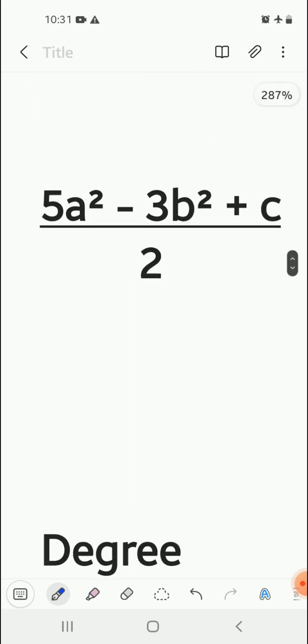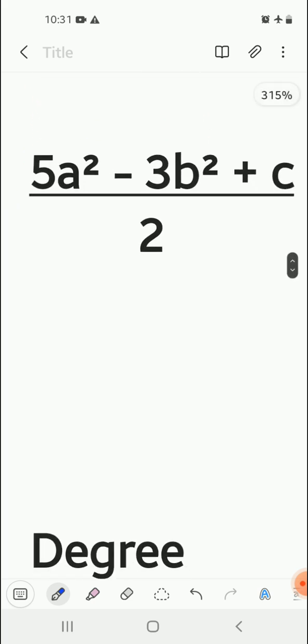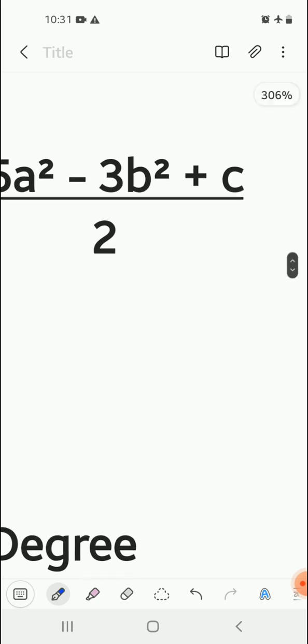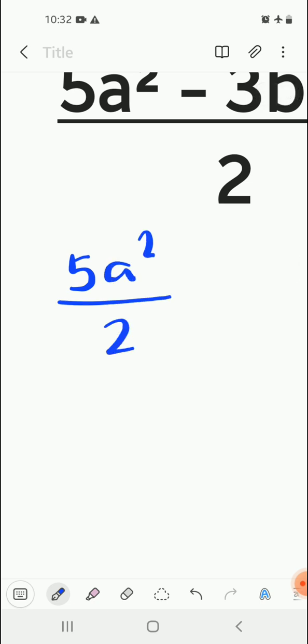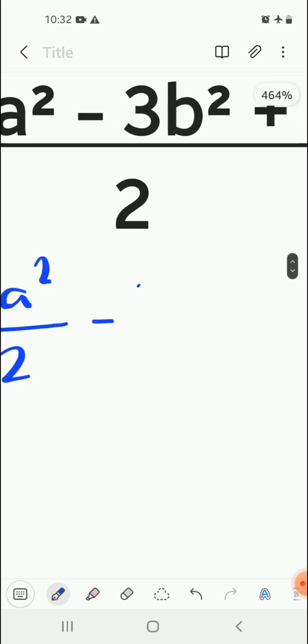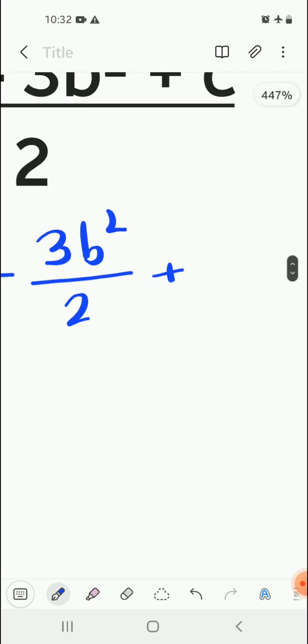Similarly, see, we have got another question. There is 5a square minus 3b square plus c by 2. If we break it up, expand it, it actually becomes 5a square by 2 minus 3b square by 2 plus c by 2.